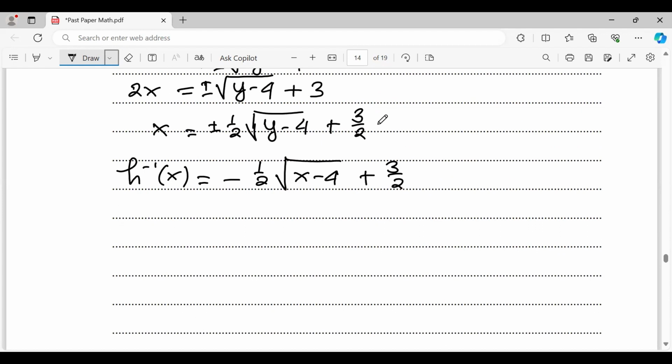So the inverse equals minus half square root x minus 4 plus 3 half, or we can write it down as 3 minus square root x minus 4, over 2. That's 1.